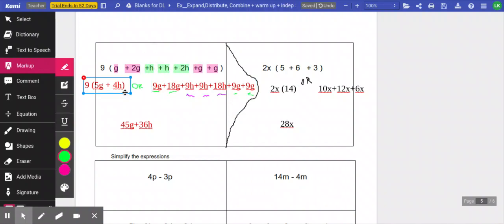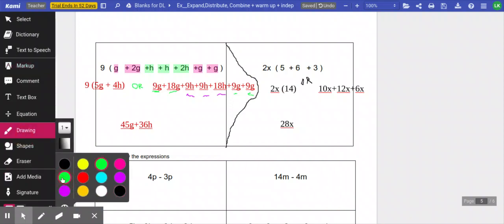Together, that's 4h. So inside parentheses, we had 5g and 4h. Close the parentheses and put the 9 back outside because we haven't multiplied 9 by the things inside it yet. Then, if I were to distribute, 9 times 5g is 45g, and 9 times 4h is 36h.